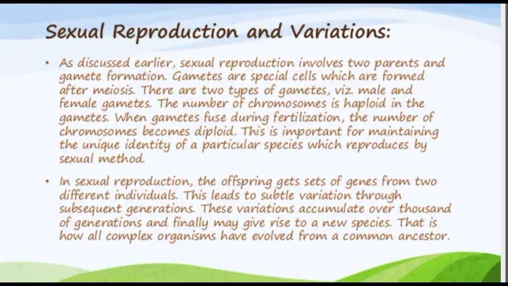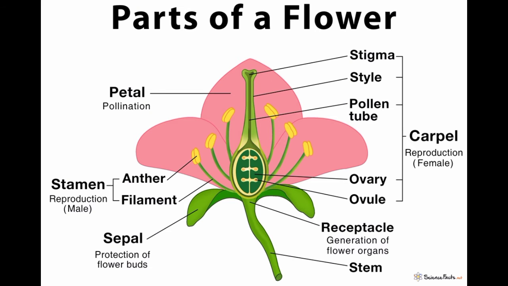First of all we are going to study sexual reproduction in plants. Let's talk about flowering plants that are known as angiosperms. These are the most advanced plants. The flower encloses the reproductive parts of a plant.